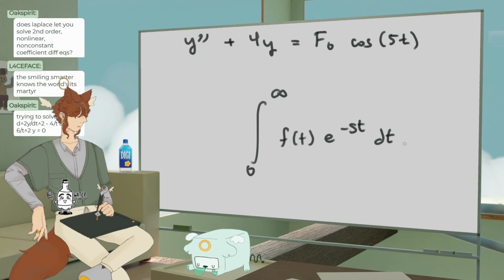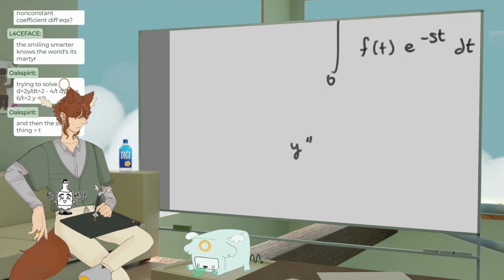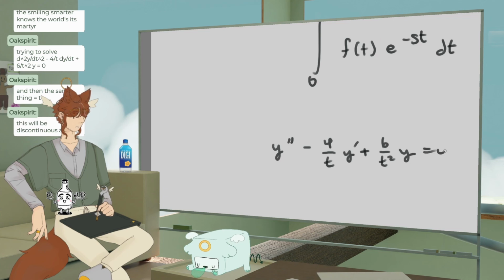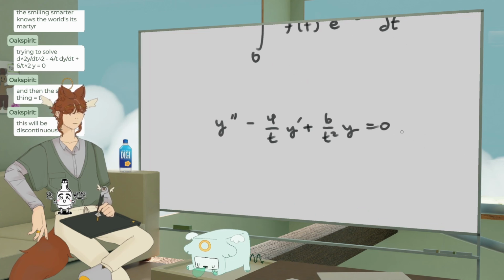And non-constant coefficient. You're trying to solve, okay, let me see. y double prime minus 4 over t y prime plus 6 over t squared y equals 0. It's been a long time, but this will be discontinuous at 0.